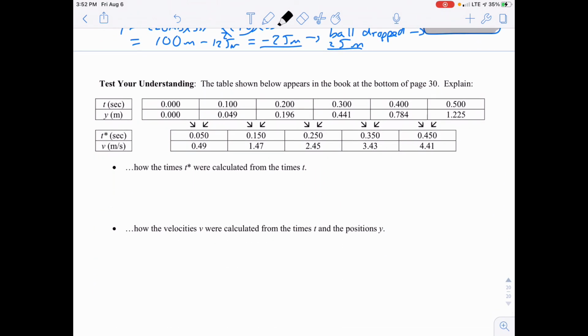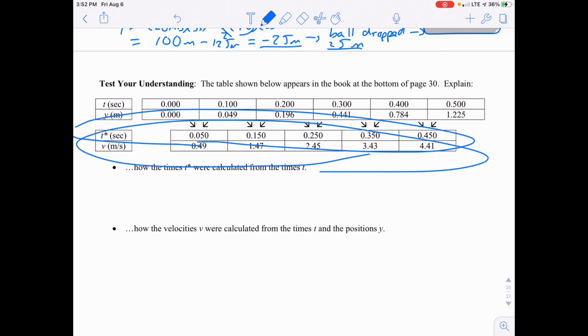Okay. In this test your understanding, the table is shown and appears at the bottom of page 30. So pause the book, take a look at that in the electronic textbook, and let's see if we can figure some things out. We have position and time data here, and then we have a different set of time and velocity data here.